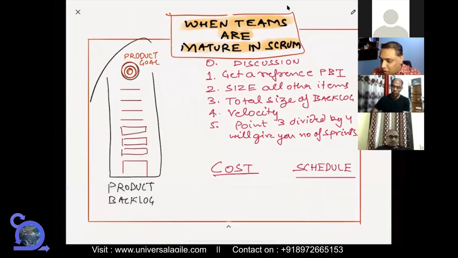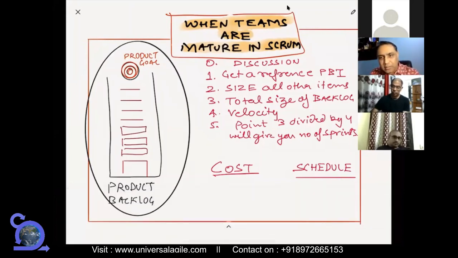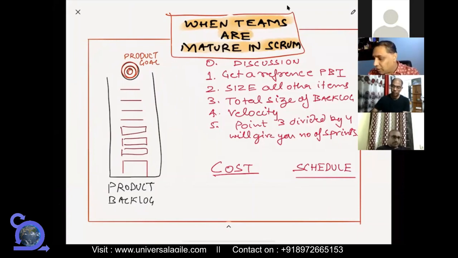So let's say this is your product backlog, this is how a product backlog looks like. The first thing you should do is have a discussion. What should be your discussion? A discussion to understand this backlog, to understand all these product backlog items, roughly on a high level.